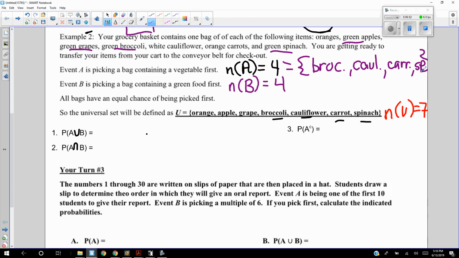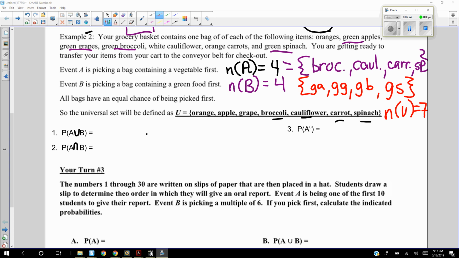So that's set A. Set B, again, has 4 elements as well. Those are the green food. So it's green grapes, green apples, green broccoli. There's some overlap there. They both have broccoli. And green spinach. There's some more overlap. So in other words, we don't want to count those terms twice because that's where these 2 sets intersect.